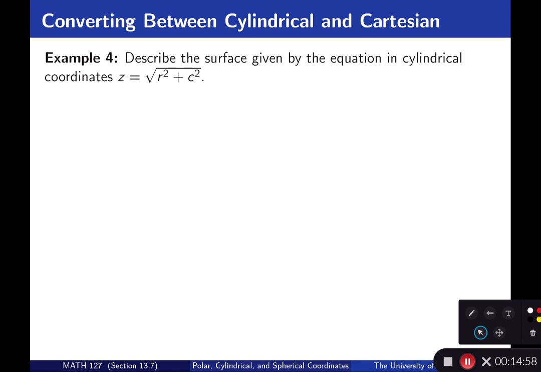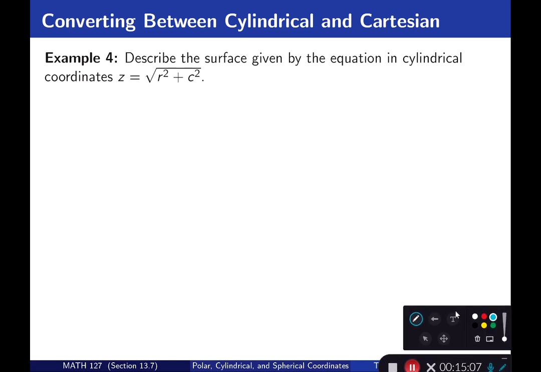Now another example, example 4: describe the surface given by the equation in cylindrical coordinates. The equation is z equal to square root of r squared plus c squared. This looks like a quadric surface, and we're familiar with the Cartesian quadric surfaces, so let's see if I can convert. Z is still z.